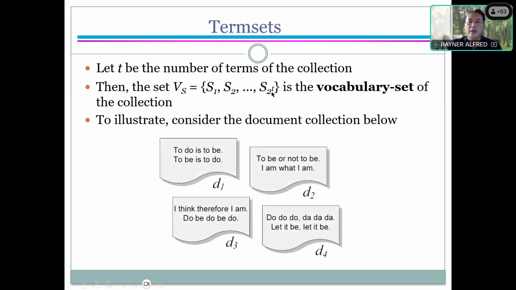That means you have T number of index terms. So the number of patterns that you could get will be at maximum this, right? So the number of term sets that you could have will be up to 2 to the power of T. Okay.